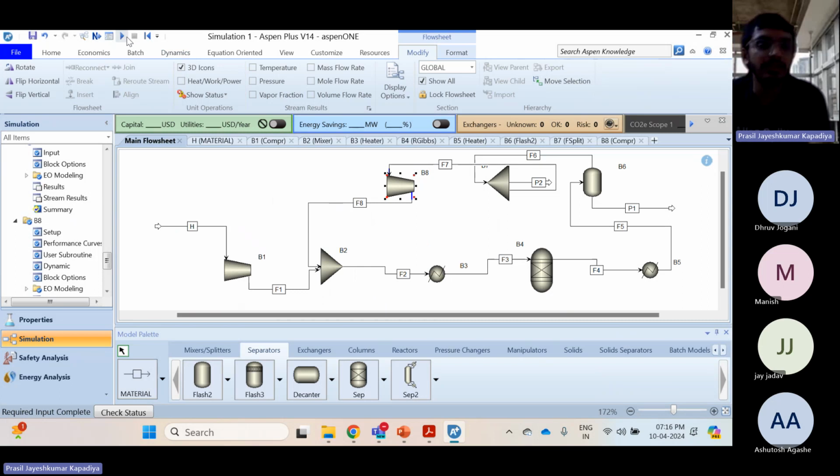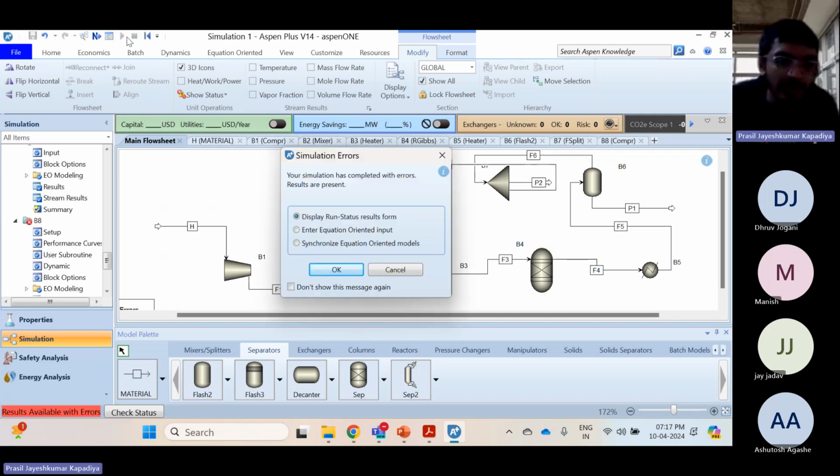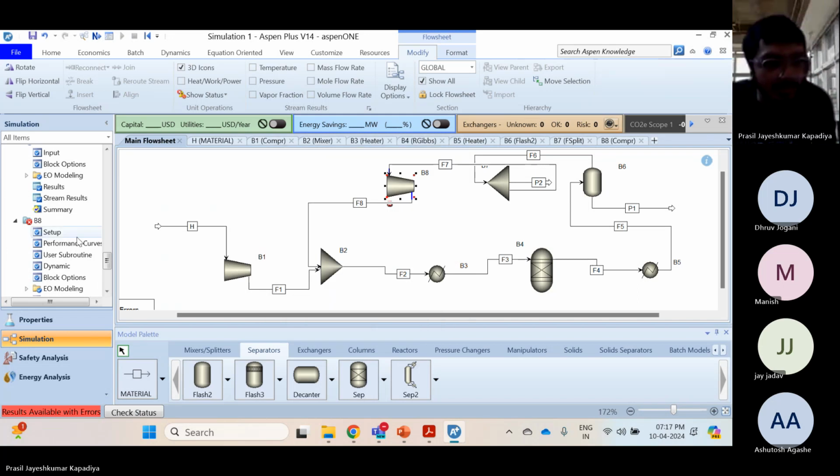We'll just run it. We might get some errors. Let's wait. Okay, some errors are given. And what is the error?